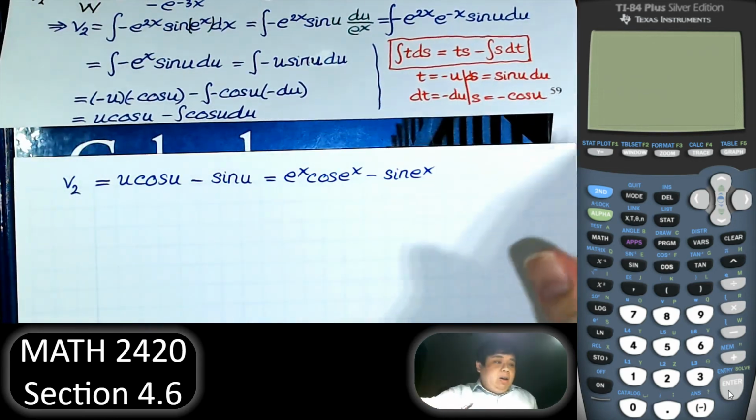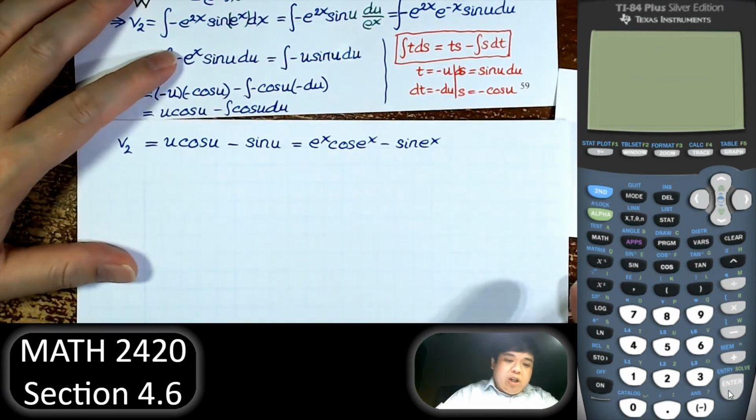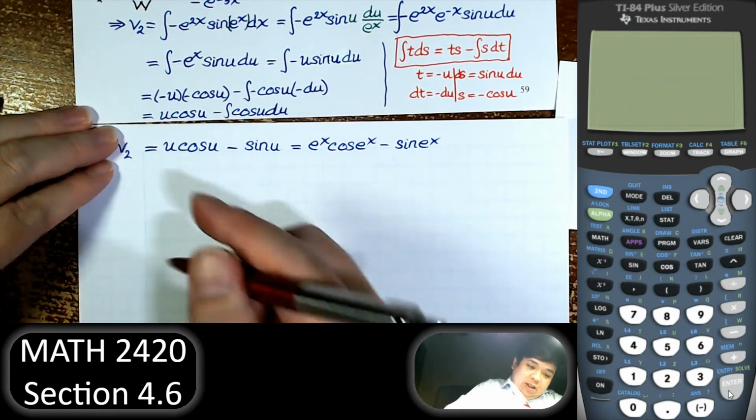So I have v1, v2, y1, y2. Put all of that together.